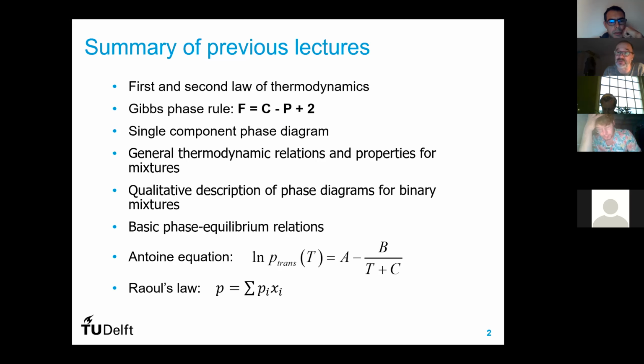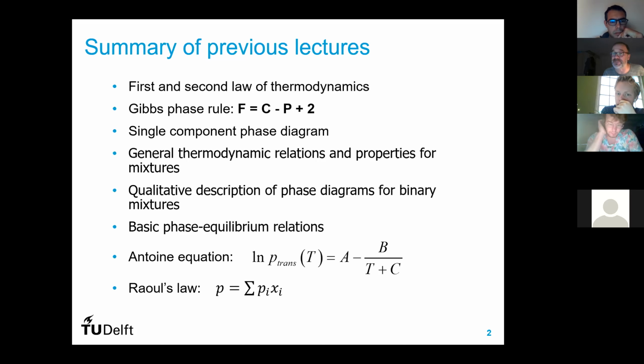Then we looked into the qualitative description of phase diagrams for binary mixtures. This is just a combination of two single component phase diagrams, but because you are now mixing things, you have extra degrees of freedom, and that changes the geometry of your phase diagram a little. Then we looked into the very basic phase equilibrium relations, and so far there are only two quantitative equations we learned. We will see much more today.